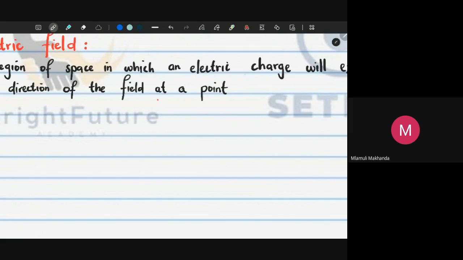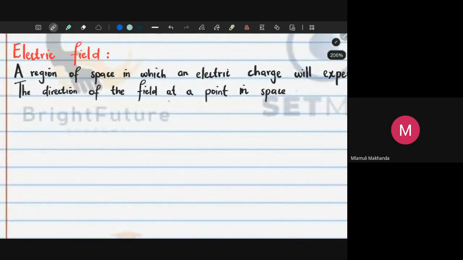Let's do this at a point in space. Is the direction in which a positive test charge would move if placed at that point.